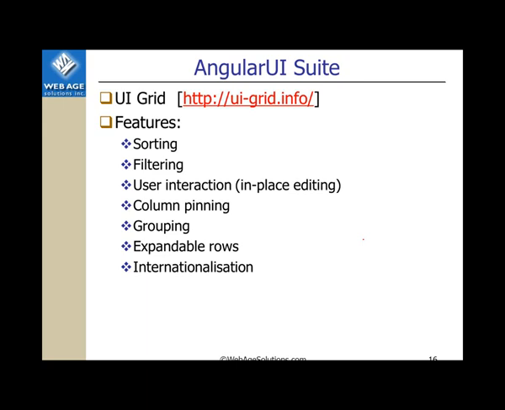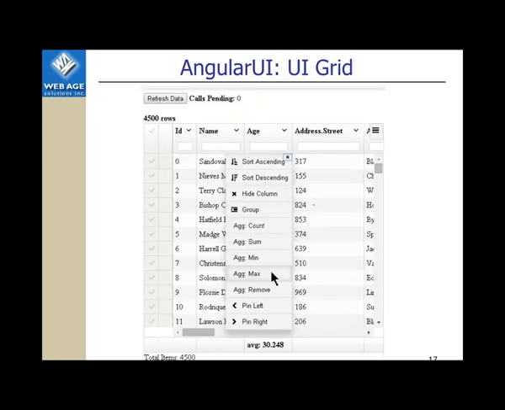You can pin a particular column so that it's not moving when you perform some readjustment of columns. You can perform grouping, finding aggregate values, and much more. So it's like a Swiss Army knife. It just does everything that you might possibly want.